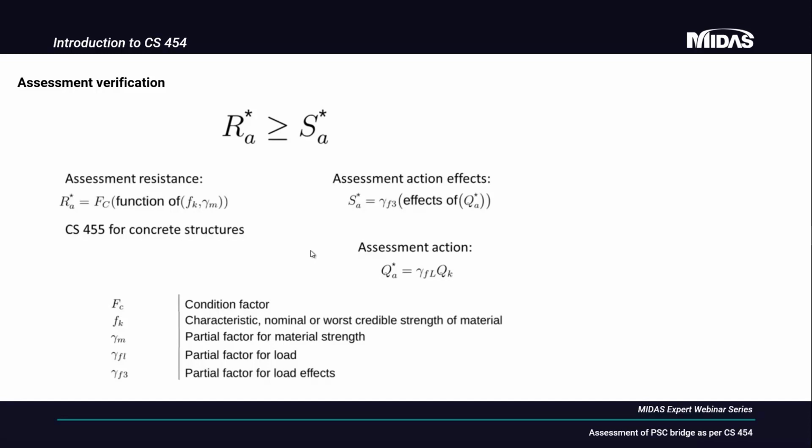Okay, so based on this equation we will do the assessment of our structure and find adequacy factor as well as psi and psi star, that we will look in further detail in the coming slides.